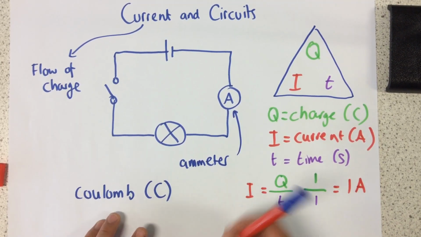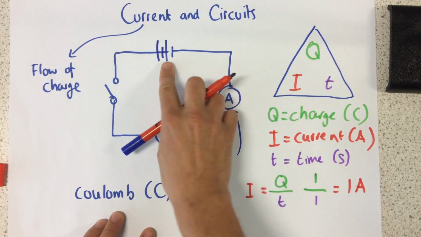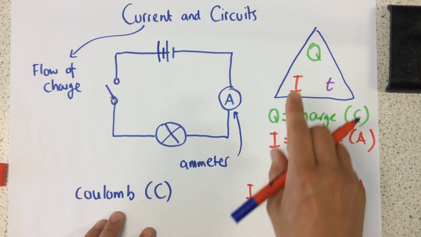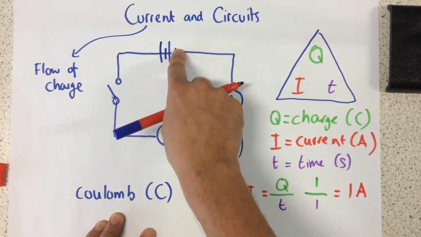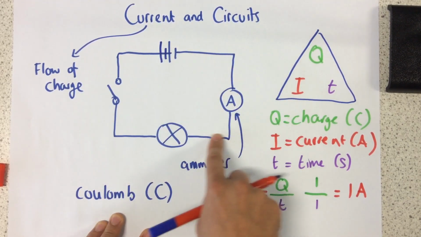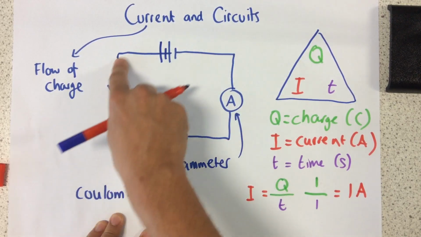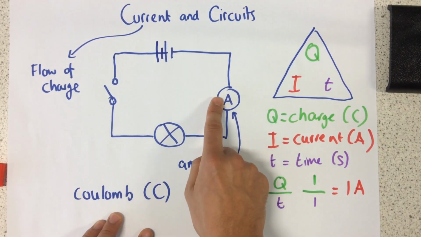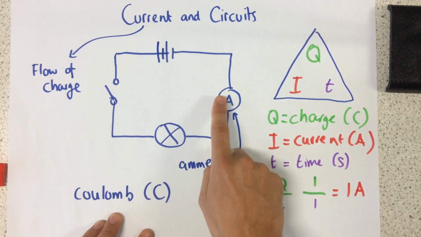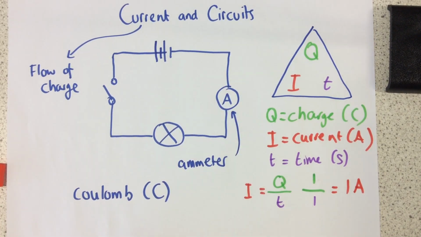Now let's imagine this time, let's say I've increased my potential difference. So what will happen is this time I've got a bigger push of electrons around the circuit. They're going to flow through at a faster rate. So this time, let's imagine, rather than 1 coulomb passing this point in 1 second, we have 2 coulombs passing through this ammeter in 1 second.